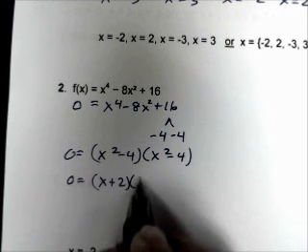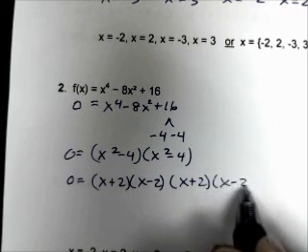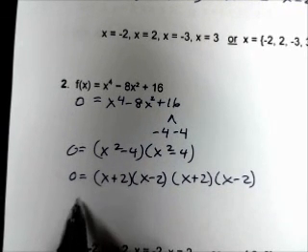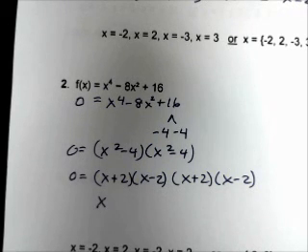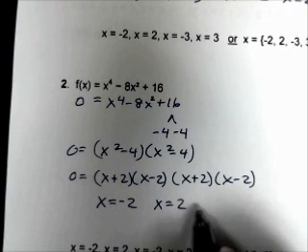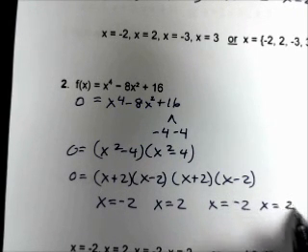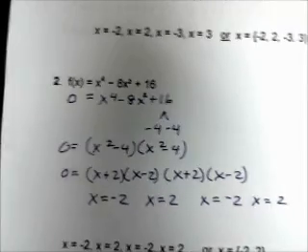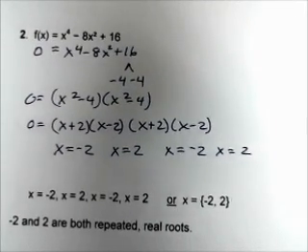X plus 2 times x minus 2. X plus 2 times x minus 2 again. Skipping the setting equal to 0, go right to solving. X equals negative 2, x equals positive 2, twice. So the negative 2 and positive 2 are what we call repeated roots.